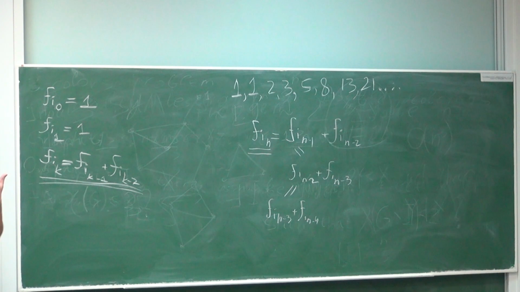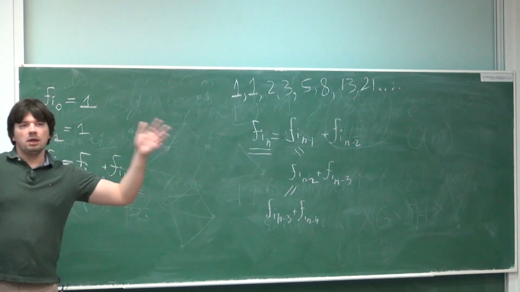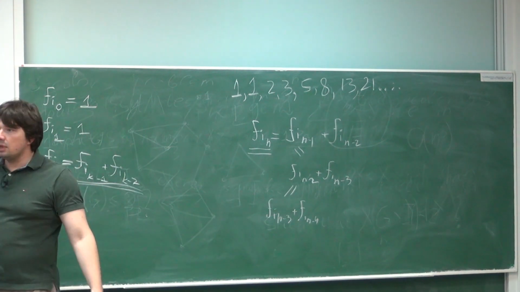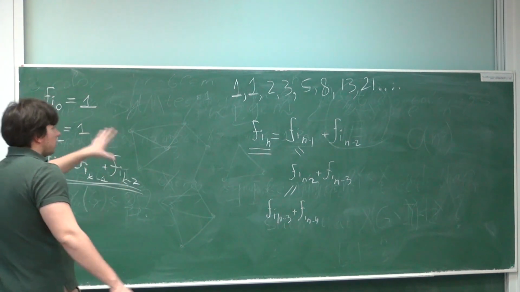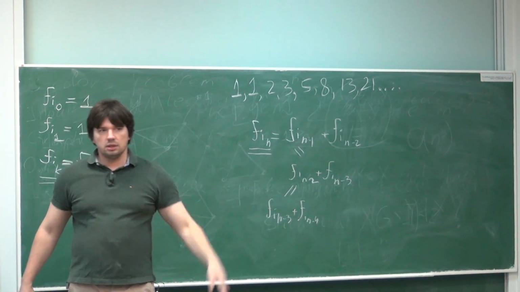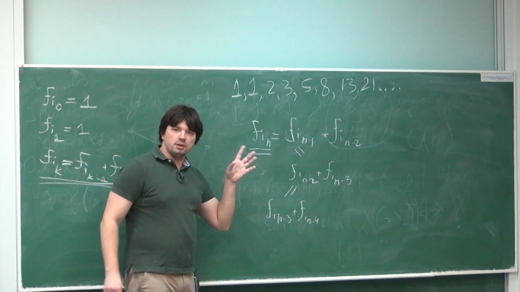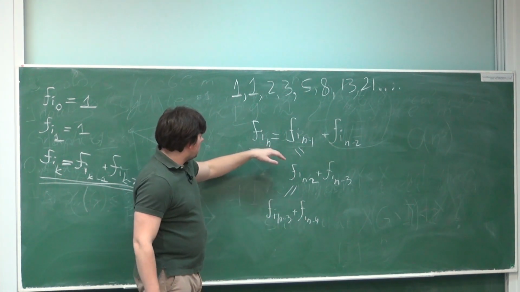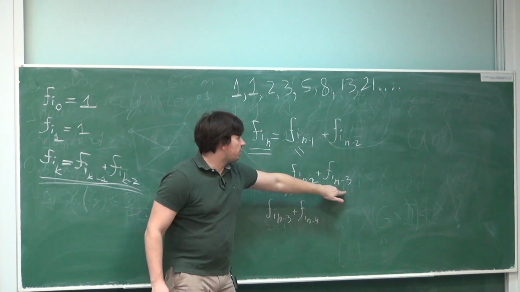But obviously, it's something you can notice immediately when you look at what this algorithm is doing, but something you might miss if you just try to code it, right? So you can just code it like this and say, hey, this is good enough. But if you think about it for a second, you will notice that, hey, when I'm computing this one, I want to compute this one and this one.